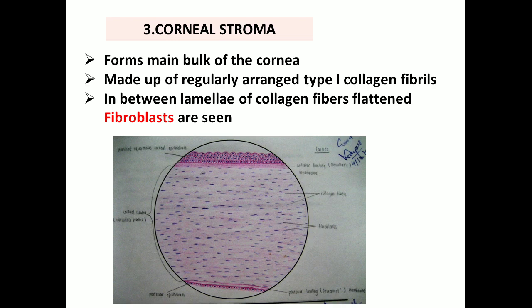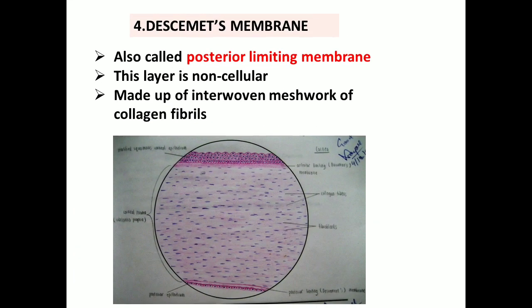These bundles of collagen fibers are arranged at right angles to each other, and this arrangement makes the cornea very transparent. Remember, between the lamellae of these collagen fibers we can see flattened fibroblasts. What you see here are the hematoxylin stained, blue stained fibroblasts between the bundles.